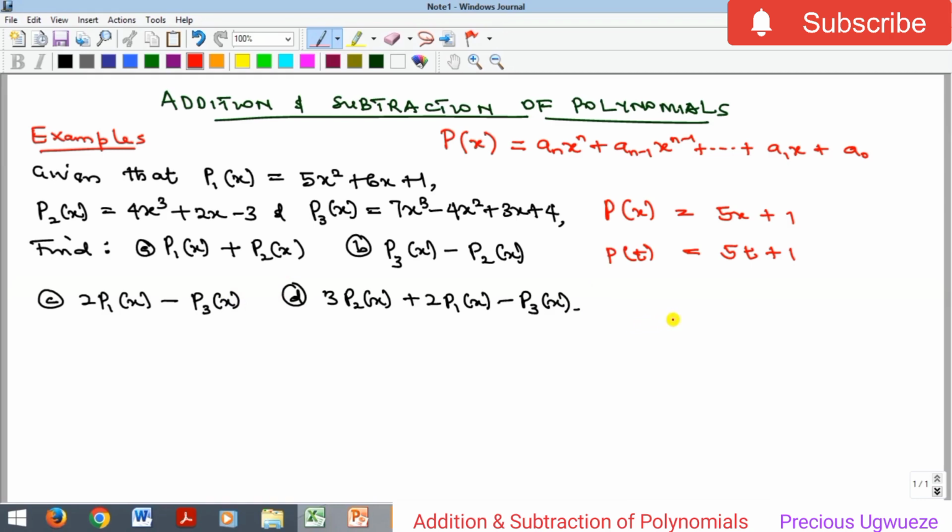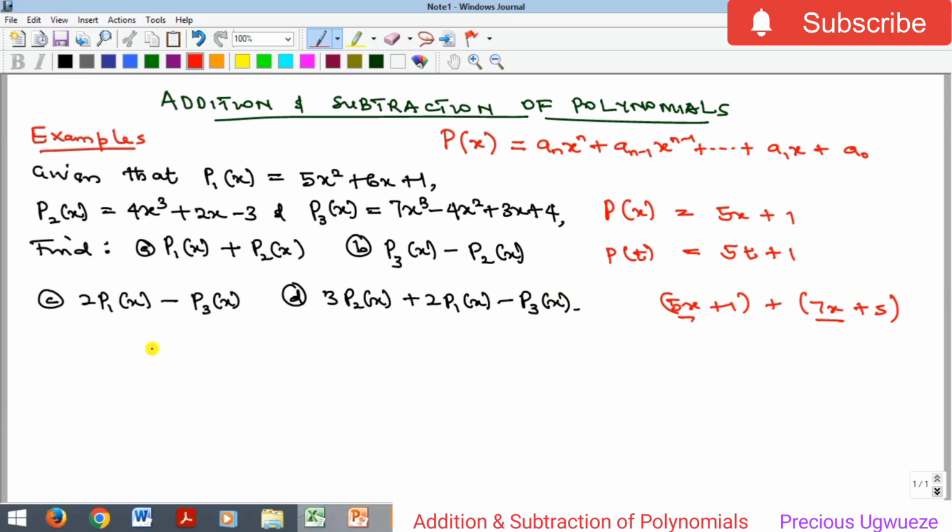So for example, if you have 5x plus 1, and you are adding this to, let's say, 7x plus maybe 5, the 5x and 7x are containing variables of similar exponents. So you are going to add the two of them by bringing their coefficients together and then picking just one of the variables you have.